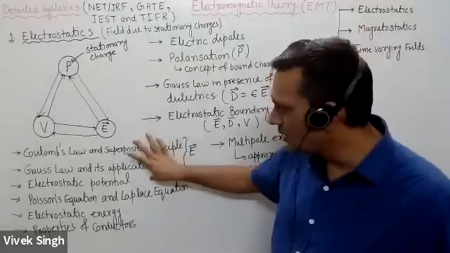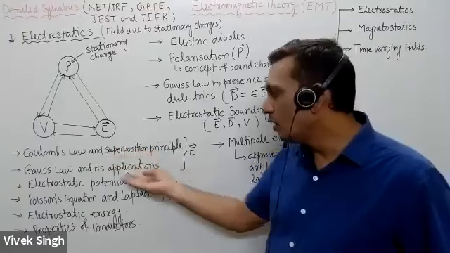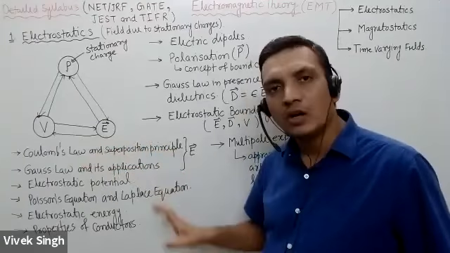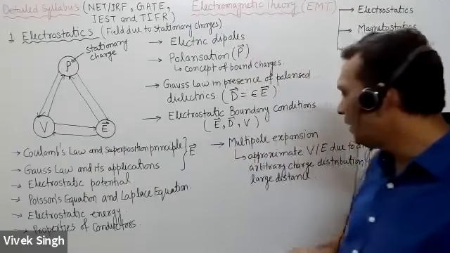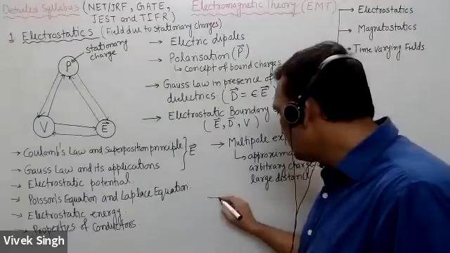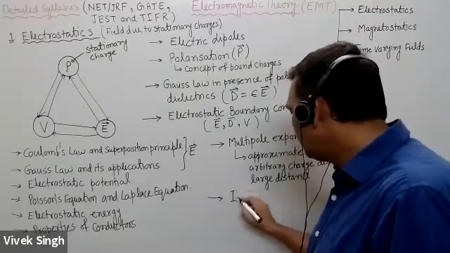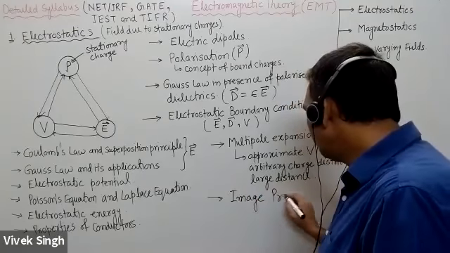So when you have a symmetrical charge distribution, you can use Coulomb's law, and in three particular symmetries Gauss law, and when you have an arbitrary charge distribution, you can use multipole expansion. And lastly, we will discuss the image problem.